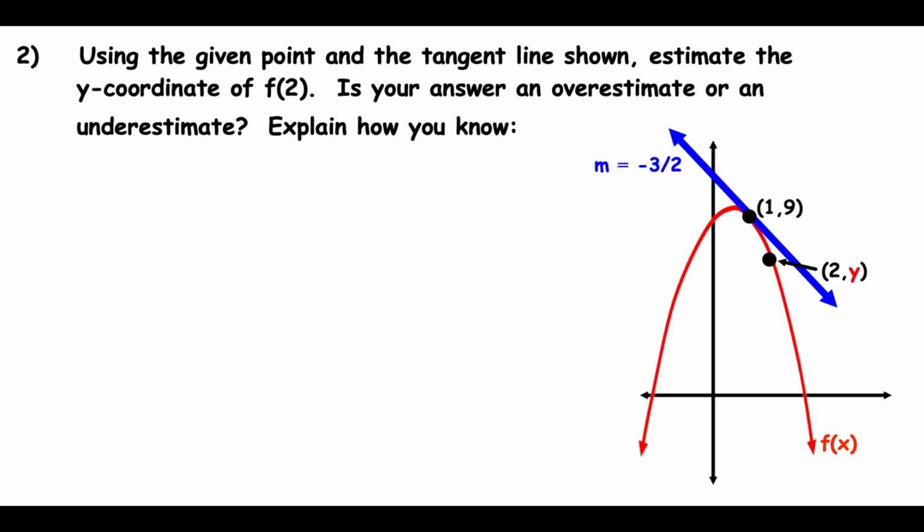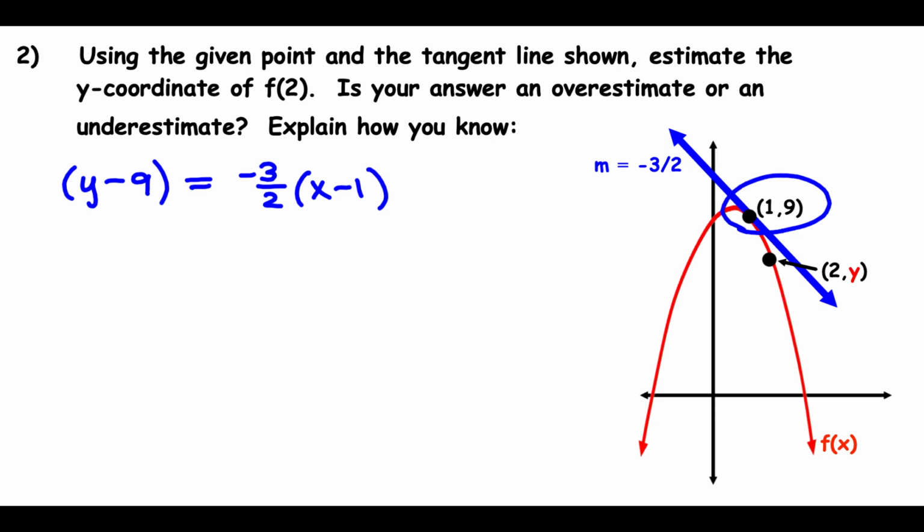That's where they come together. We'll write y minus 9. The slope we know, it's negative 3/2. It's been given to us. And x minus 1. Again, the (1, 9) coming from the point of tangency right here. And since we want to know f of 2, we can just simply take the 2 and plug it in right here.